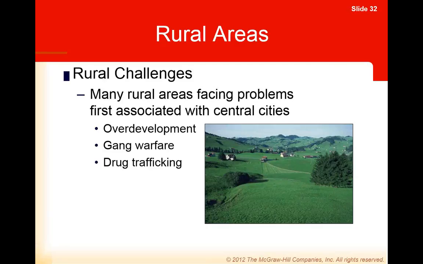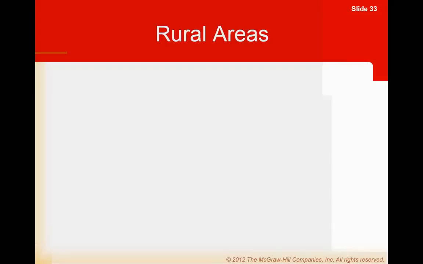Drug trafficking, I just mentioned that. Methamphetamine is a huge problem in rural America. Poverty remains a problem. There's a lot of people living in a rural environment who almost live a subsistence level existence where, between what they grow and everything else, they're not saving any money up.